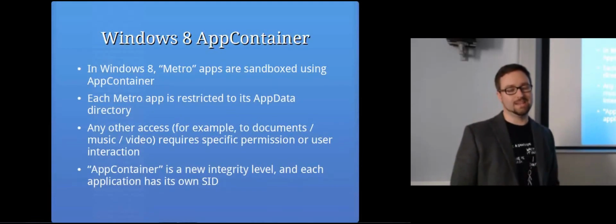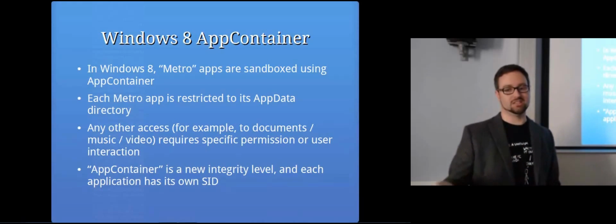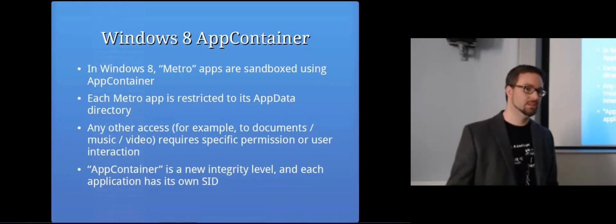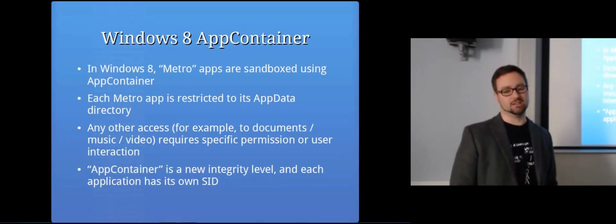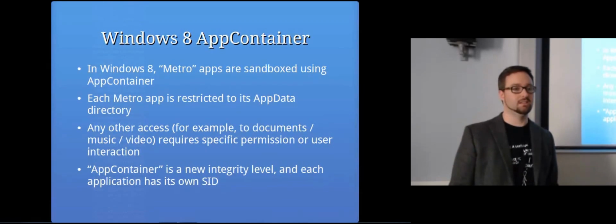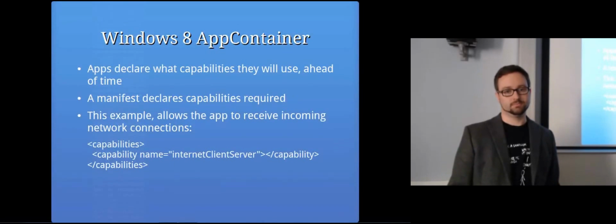Basically, each of those applications is a new integrity level. Each program running gets its own integrity level, and each application gets its own SID, as opposed to just having users or groups that have SIDs.